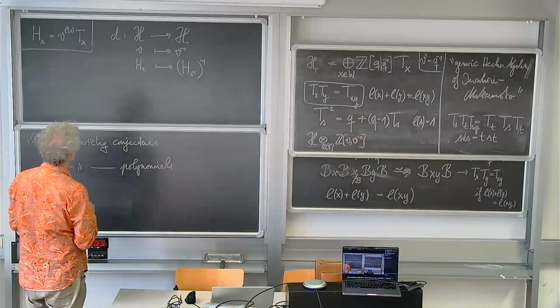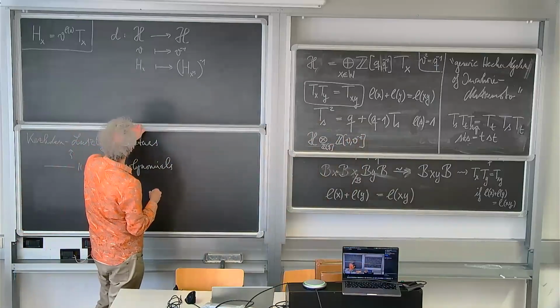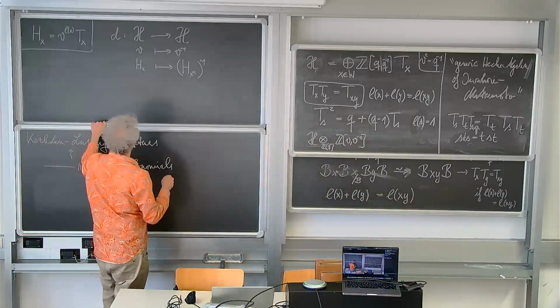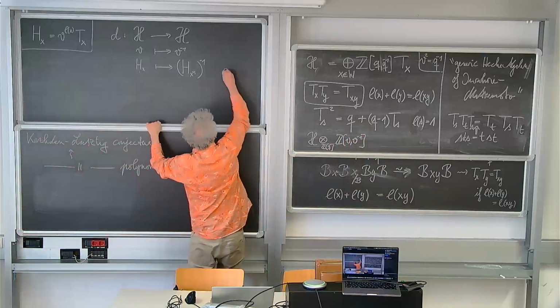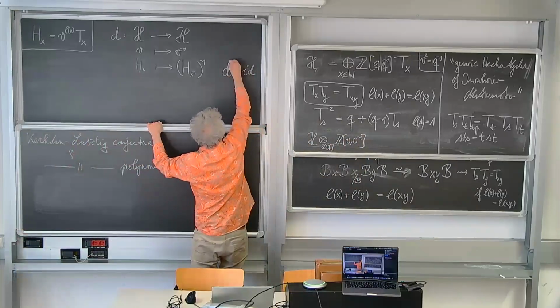Okay. And then we have this duality and we have to check that the H_s are all invertible. And so it's a ring homomorphism and a square identity, I think.